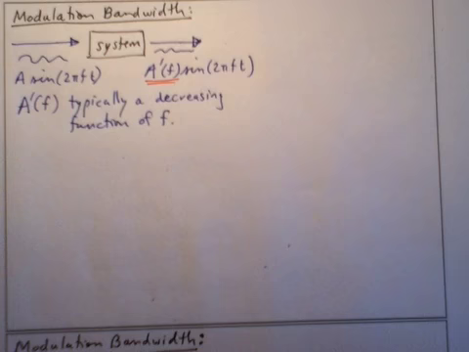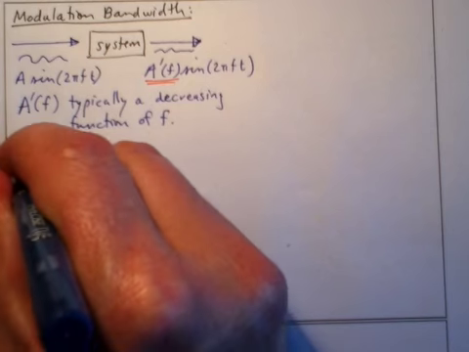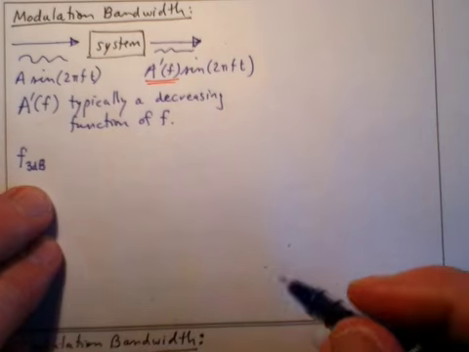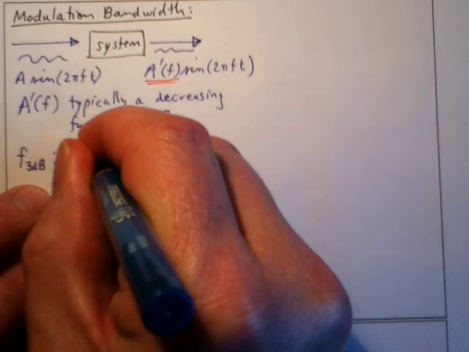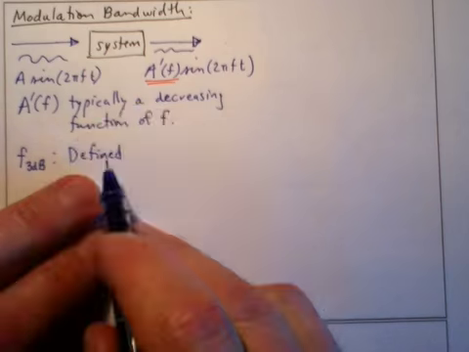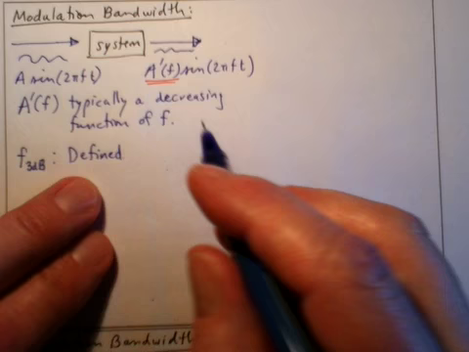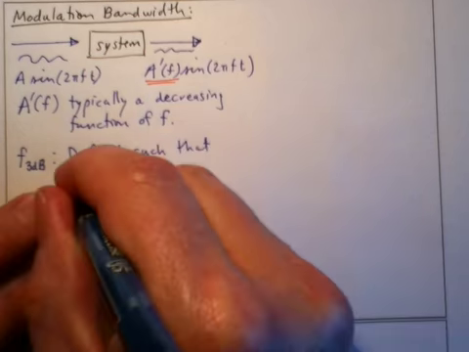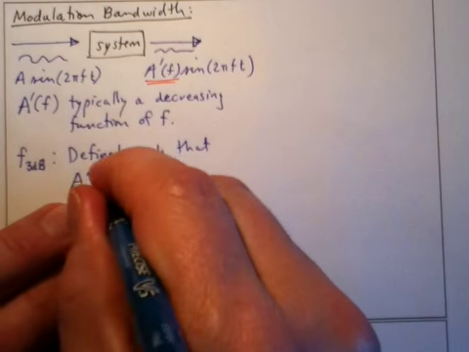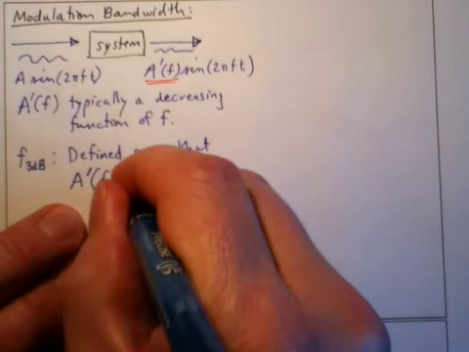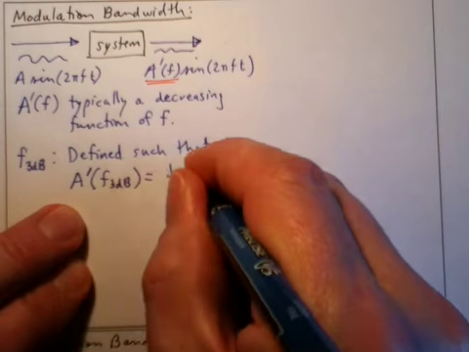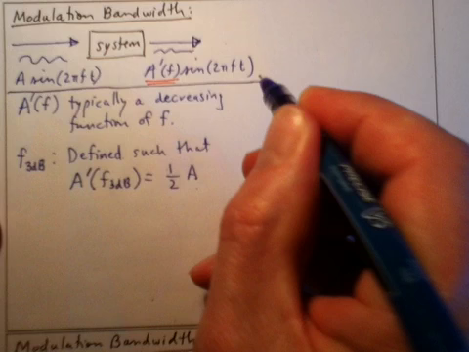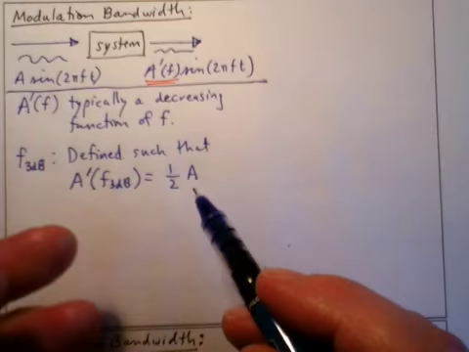And what we do to characterize our systems very often is we write down what's called F3dB, defined as the frequency at which the output is half of the input amplitude, such that A prime evaluated at F3dB is equal to 1/2 of A, where A is the input amplitude. So this is the basic idea of the 3 dB bandwidth.